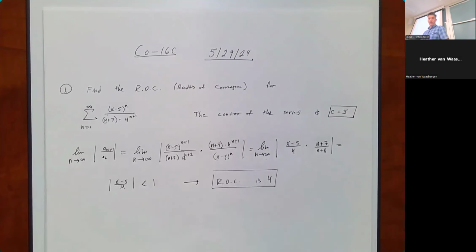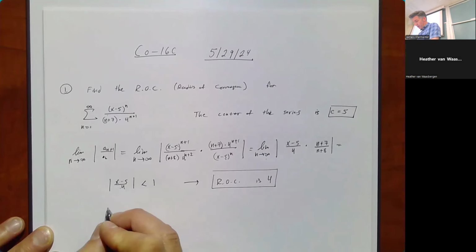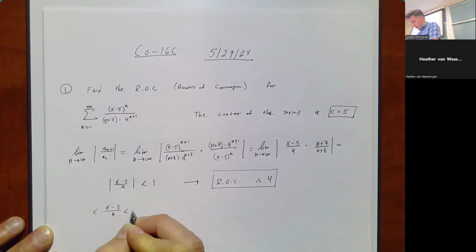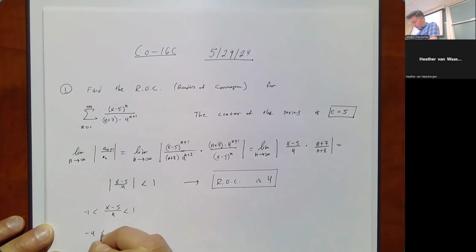Now, on your homework with the Weber questions, I see that most of the questions ask you to find the interval, but say don't worry about the endpoints. So if we can find the interval as well, we might as well. So we're going to have (x minus 5) over 4 between 1 and -1. Multiply everything by 4, we get -4 less than x minus 5 less than 4.